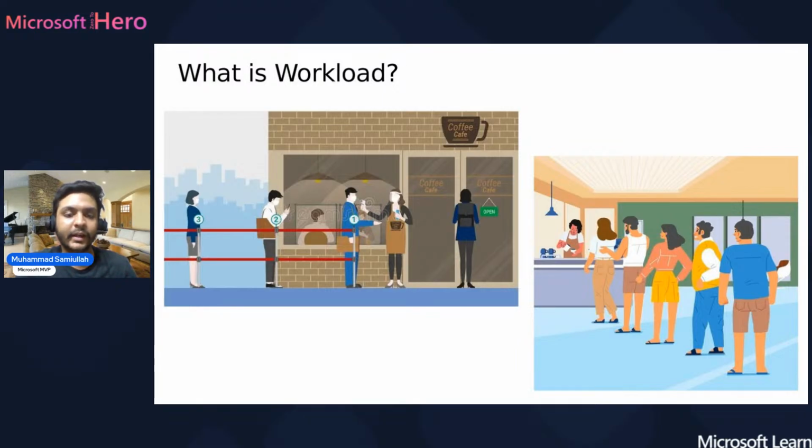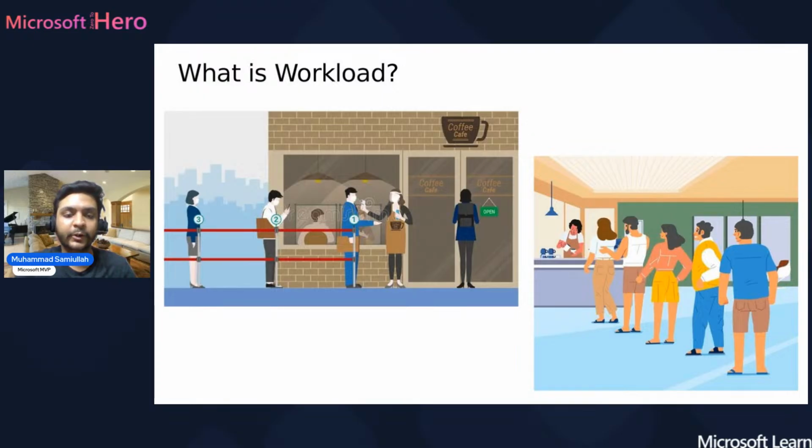So I think we have an idea till now of what is cloud computing, why we need cloud computing, what the different cloud service models are, and what workloads are. So from this workload, we decide whether we go towards software as a service, platform as a service, or infrastructure as a service.